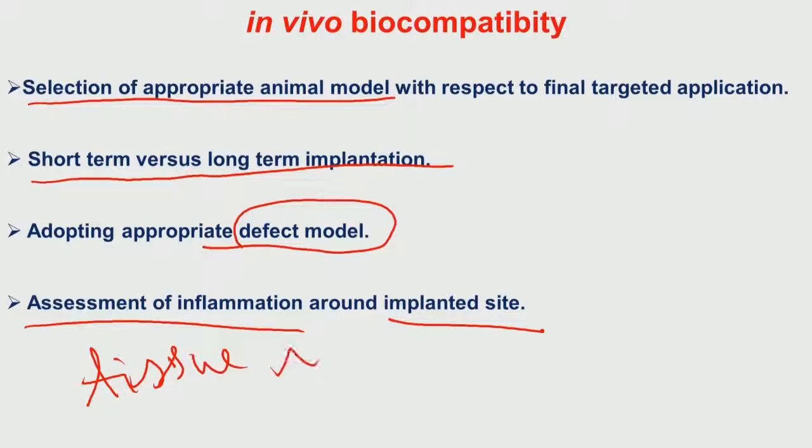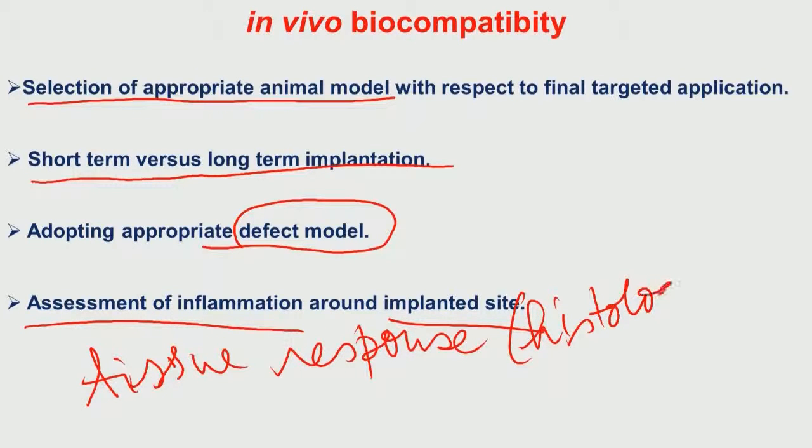Now, for tissue response, one has to do a different analysis, what is called histology. Histology means the scientific analysis of the structure and morphology of the different tissues in thin histology slides.